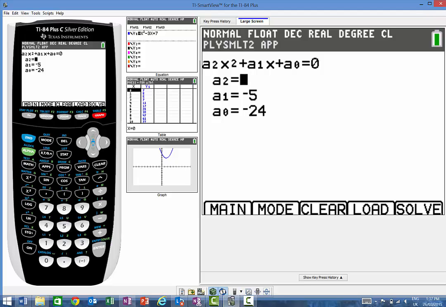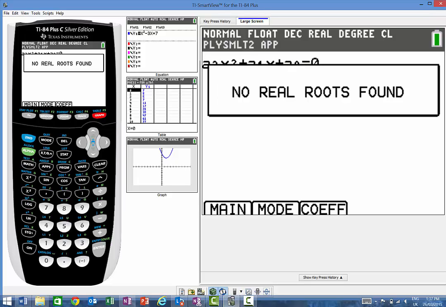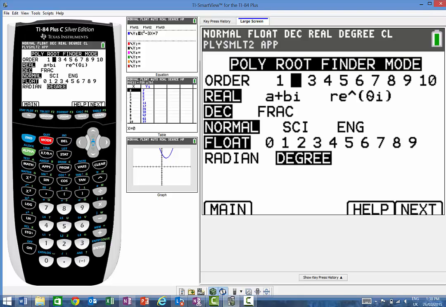So I put my values in there: it's 1, then -3, and then 7, and enter. Then we just press solve, and it says I've got no real roots. Now if I go back to my coefficients and go back to my mode, I can actually do this for imaginary and real numbers.